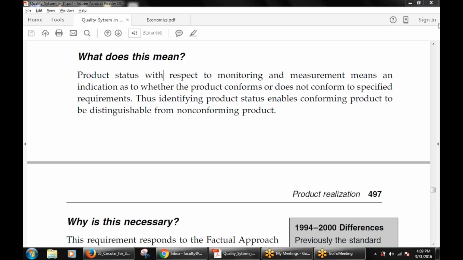It is used to identify whether the product conforms or does not conform to specified requirements. Therefore, identifying product status enables conforming product to be distinguished from non-conforming product.